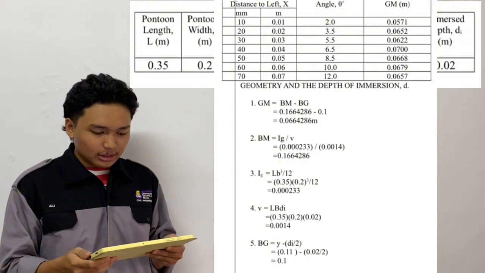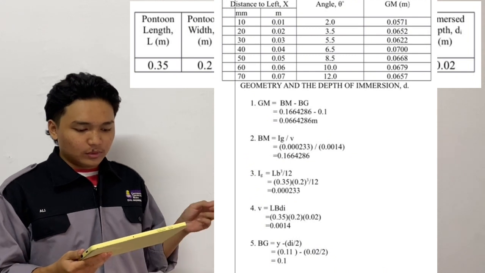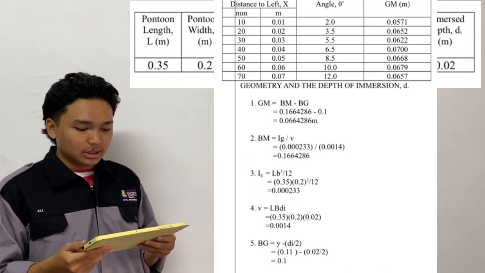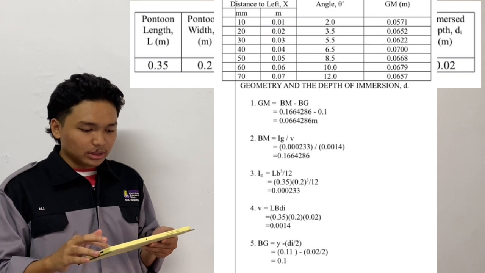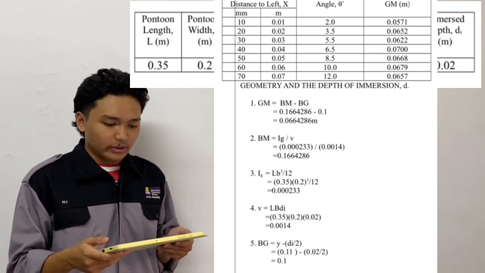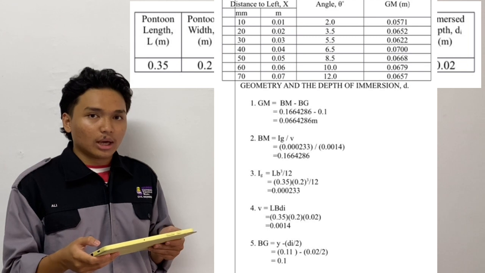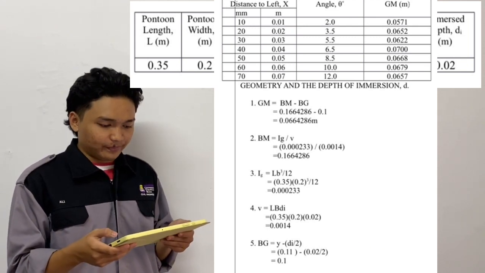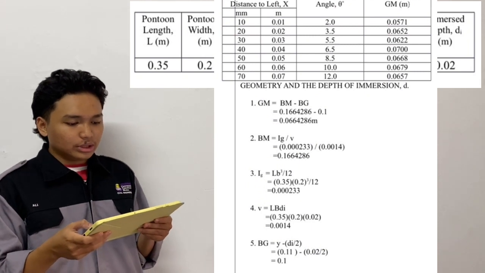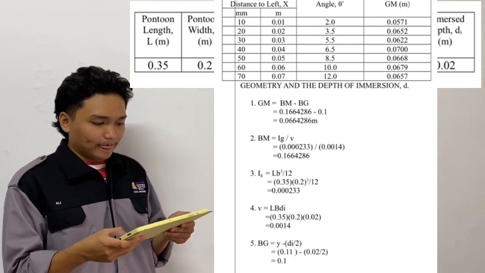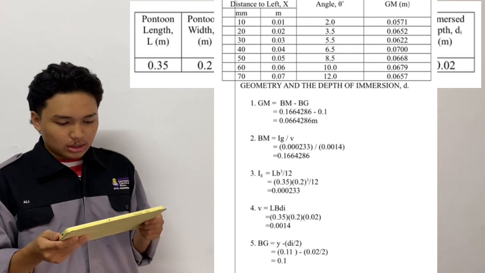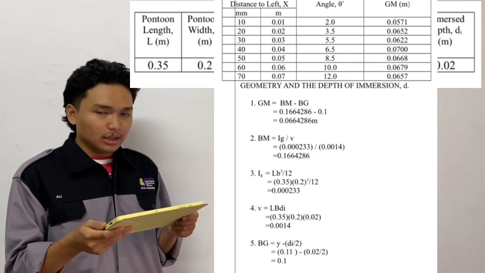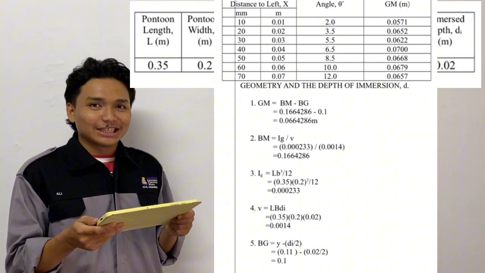And then next, to get the metacentric height GM, which is BM minus BG, we have to calculate BM first, which is IG over V. For the IG is equal to L times B cubed over 12. We get 0.000233, and for the V equal to L times B times DI.